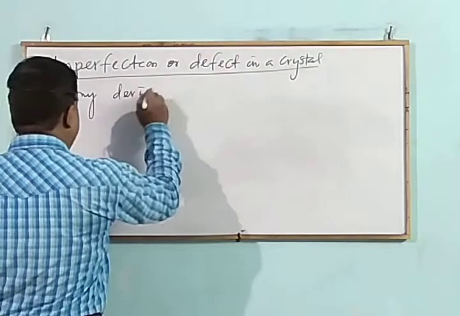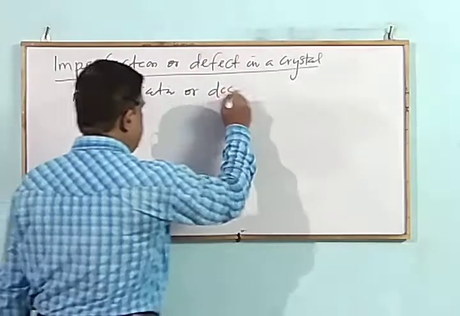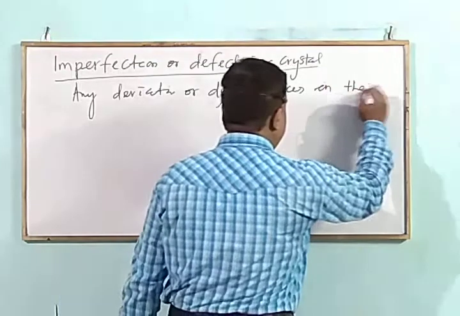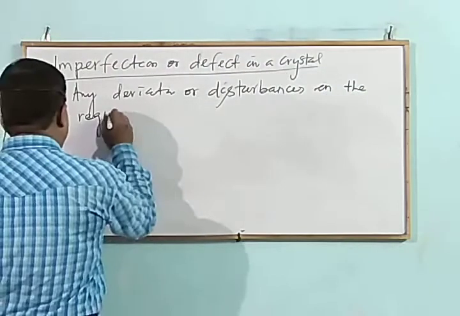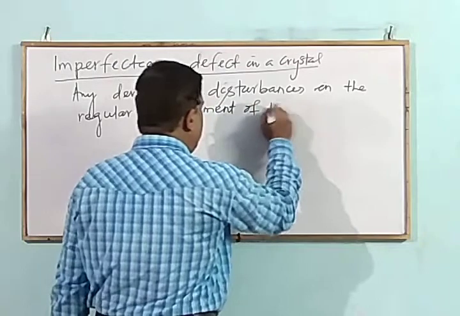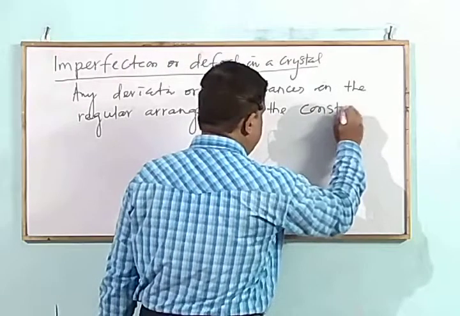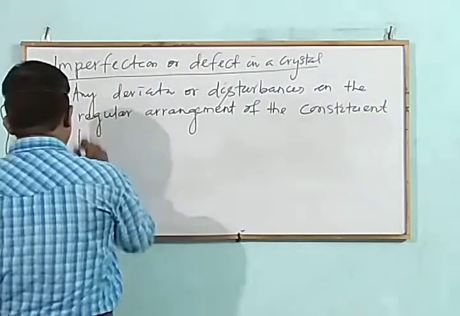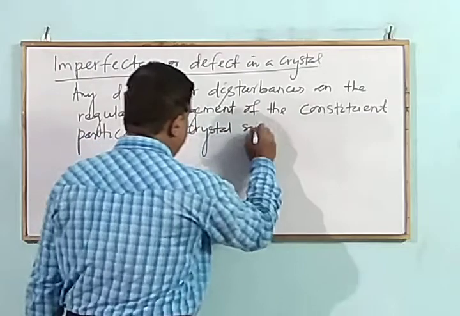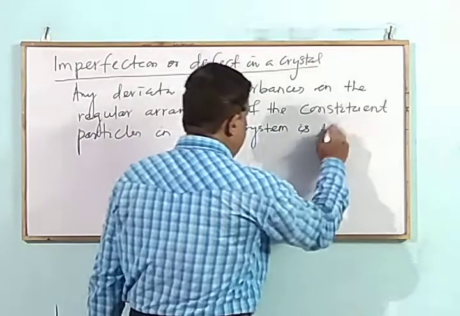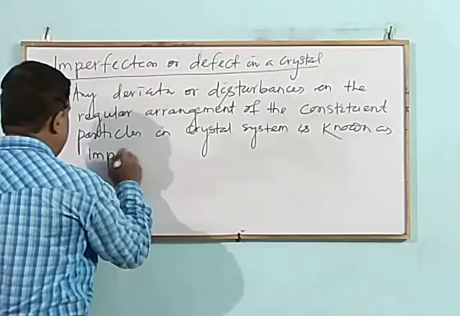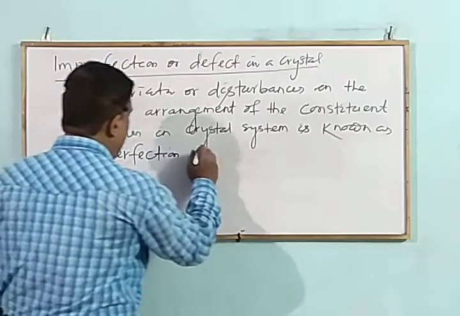Any deviation or disturbance in the regular arrangement of the constituent particles in a crystal system is known as imperfection or defect.